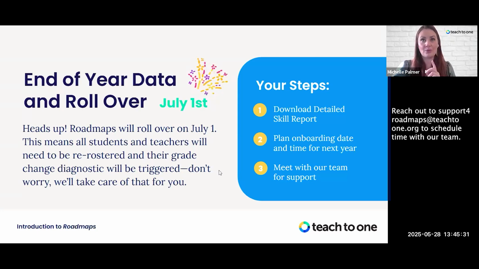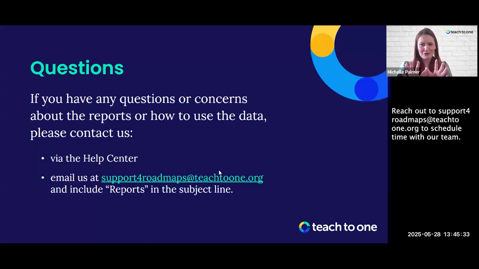But just one other thing before questions is that you do have a couple different things coming out in June. The first is going to be your last newsletter of this school year. That will also describe for you the rollover that's happening, and it will start talking about the fall and planning for that, rostering, onboarding, things like that.